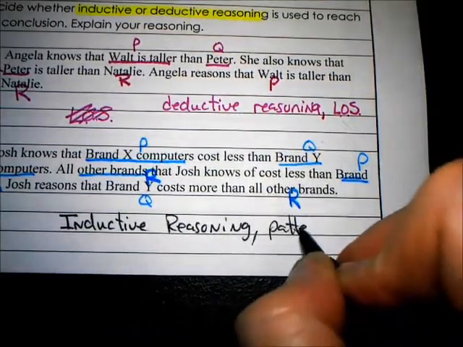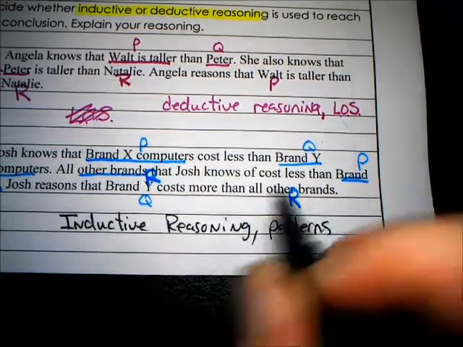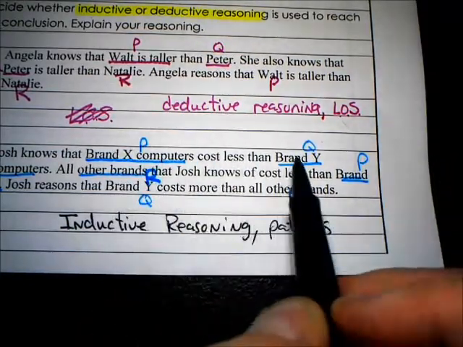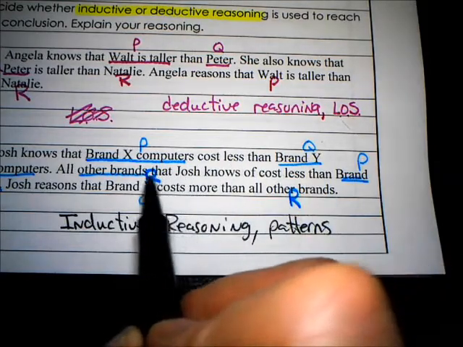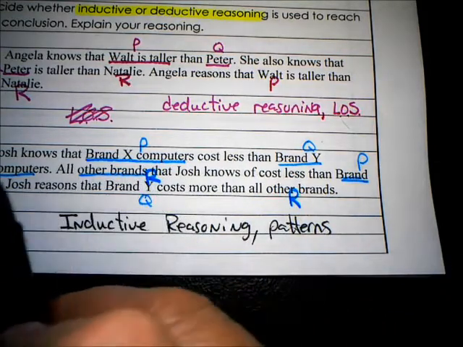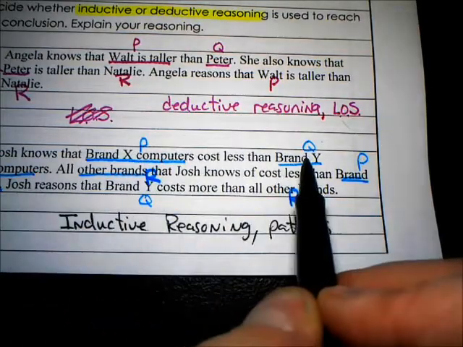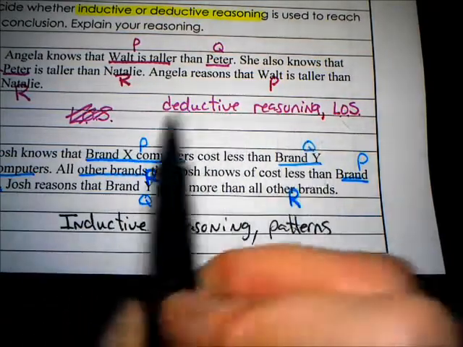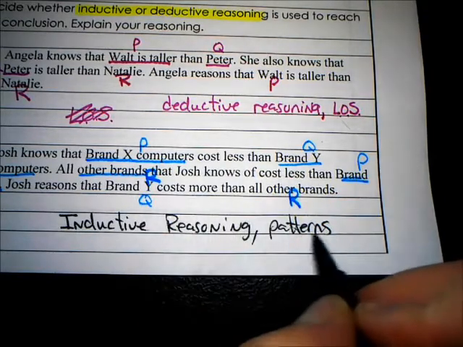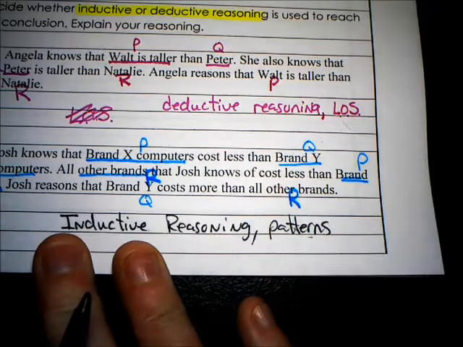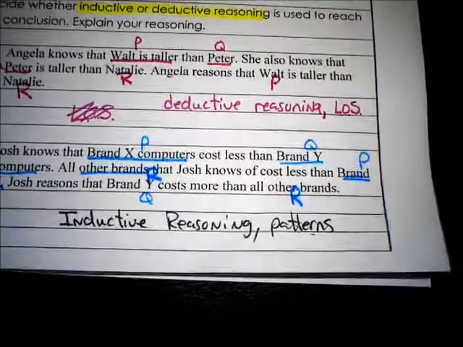If I'm looking at this logically, X costs less than Y. Everything else costs less than the X, but the X costs less than the Y, so the Y is the most expensive. So the Y costs more than everything else. That is a true statement, but it's based on the pattern, the reasoning. That one's tricky.